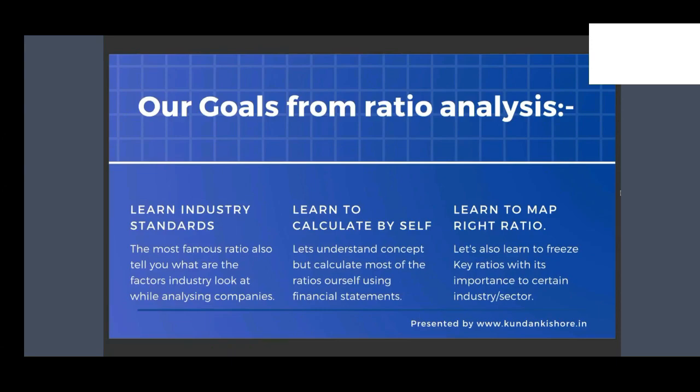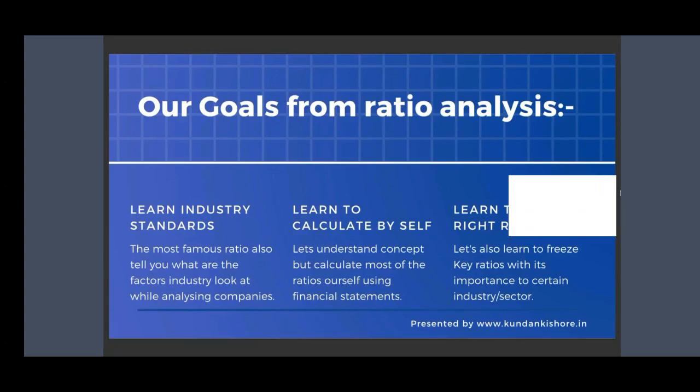Then even if you are not well versed with sectoral analysis, this kind of information will help you understand the critical factors for any sector, and this is what will be our goal to achieve through ratio analysis.